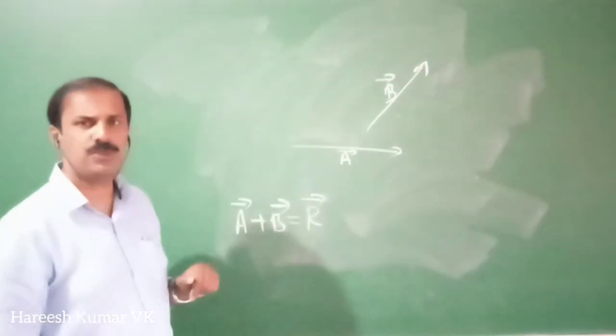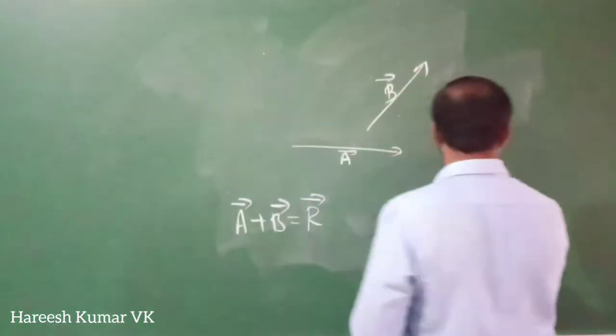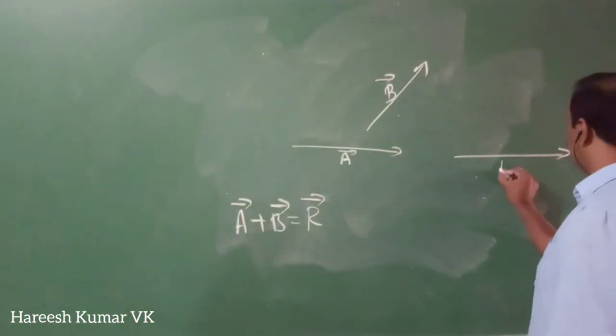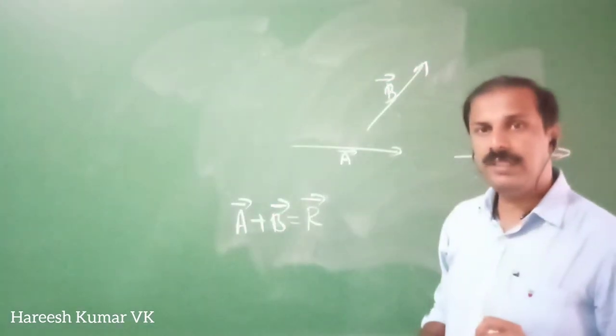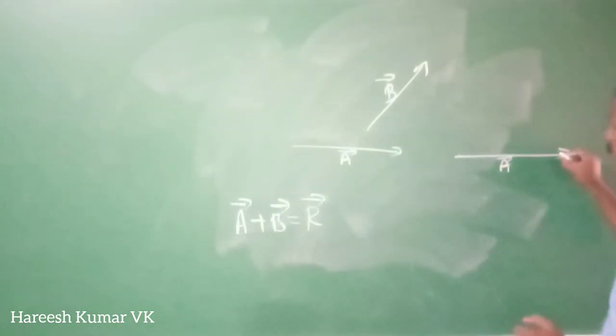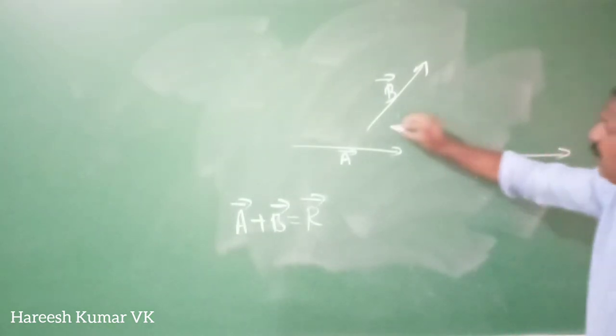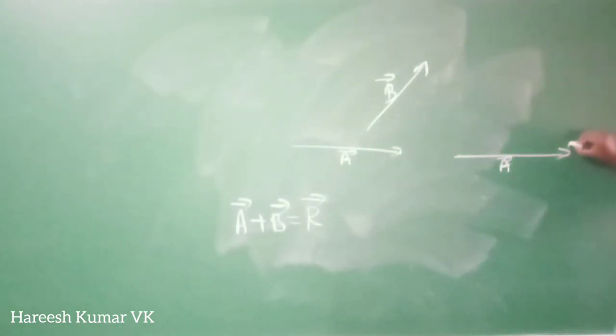So how to do this? First you draw the vector A like this, A. And the name of the method is head to tail method. So the head of this one should touch the tail of the next vector. So this B vector, without changing the direction, you bring it here.